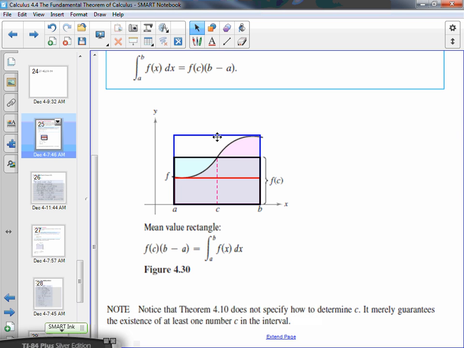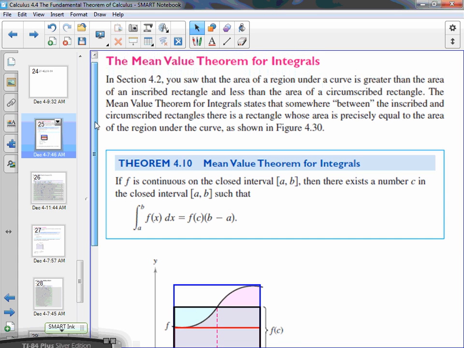It's also kind of obvious that the area underneath f of x between a and b is less than that. So the mean value theorem for integrals states that somewhere between the inscribed and circumscribed rectangles, there's a rectangle whose area is precisely equal to the area of the region under the curve.